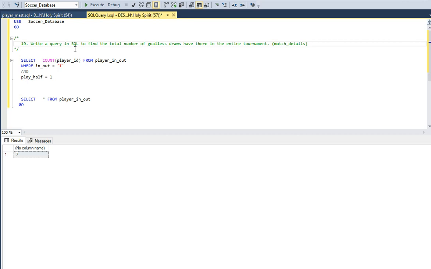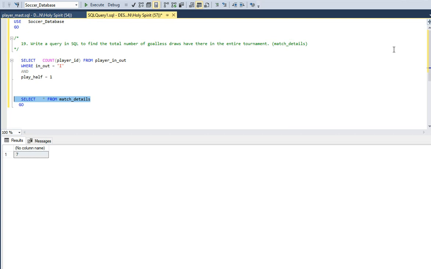Okay, write a query in SQL to find the total number of goalless draws that have there in the entire tournament. Match details, so we need this table. You can think like, why are we taking this tables help?